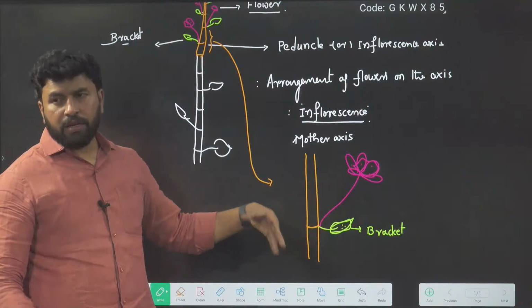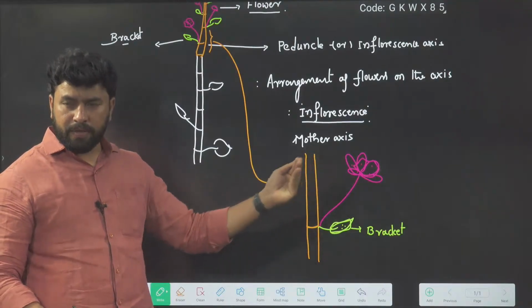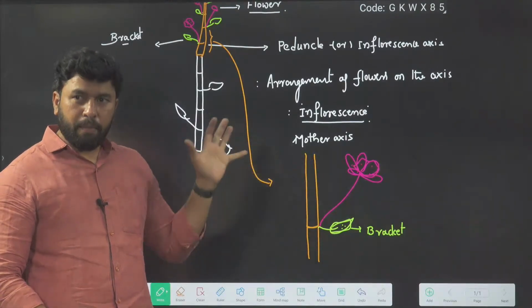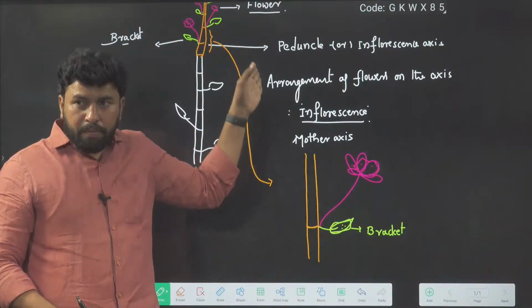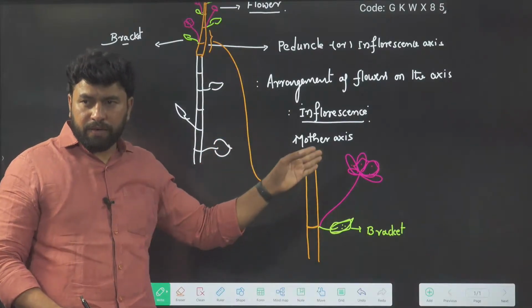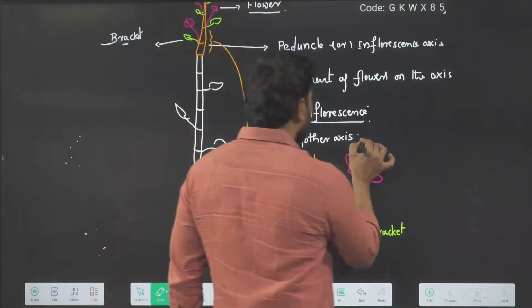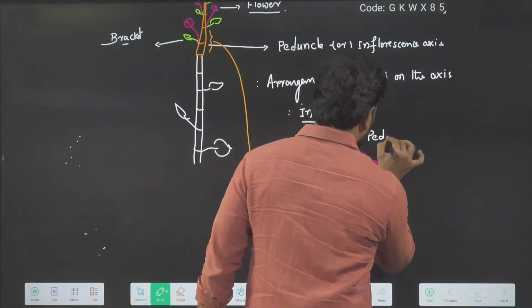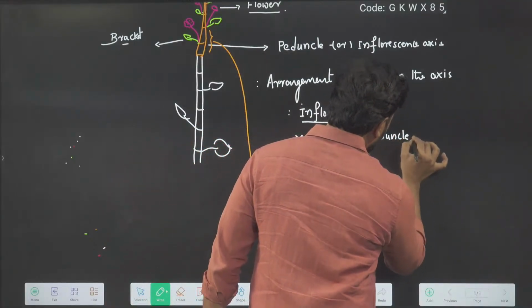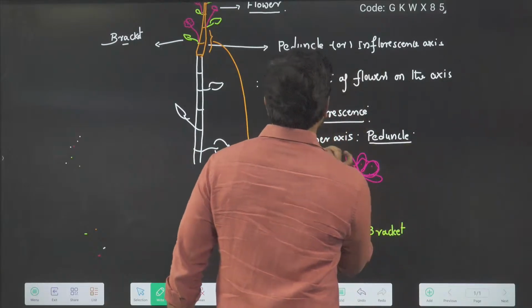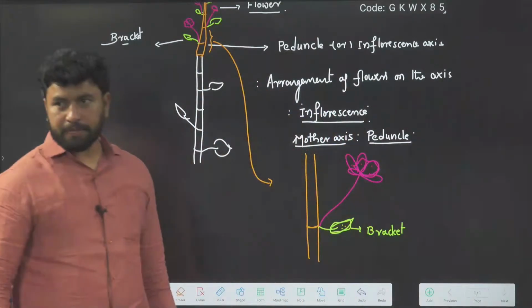That means on the stem where flower developed, that is called peduncle. Peduncle is nothing but the base for the development of flower. This is called mother axis, and the mother axis is nothing but peduncle. Peduncle is nothing but inflorescence axis.